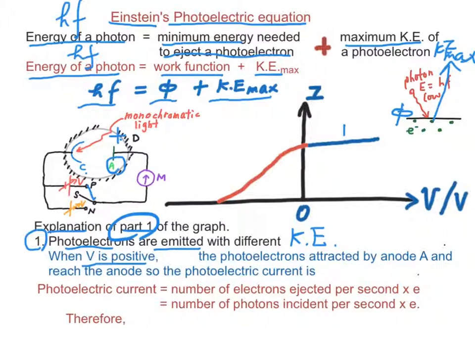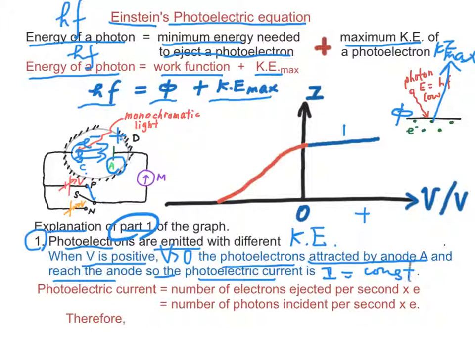Then, V larger than 0, the photoelectrons emitted by the metal are attracted by the anode and reach the anode so that the photoelectric current is I, which is a constant value.